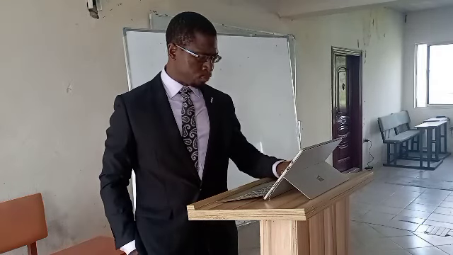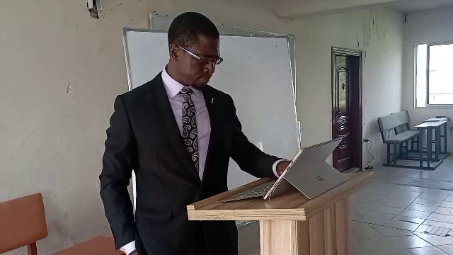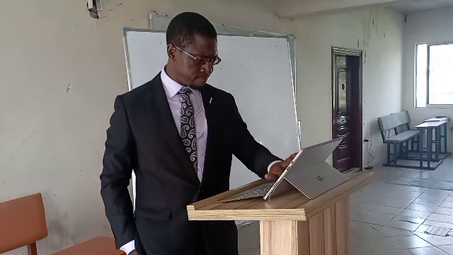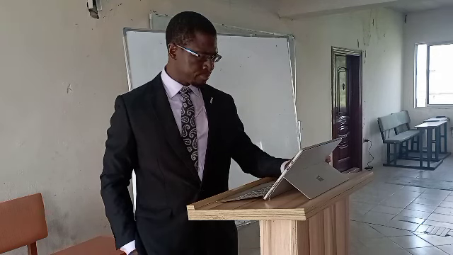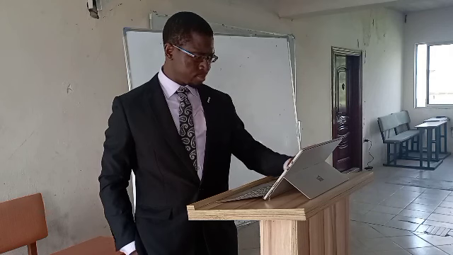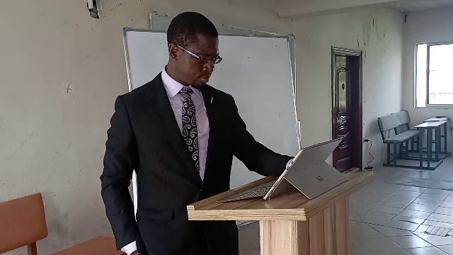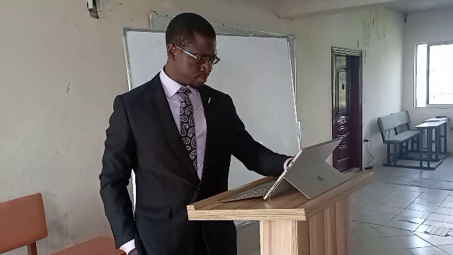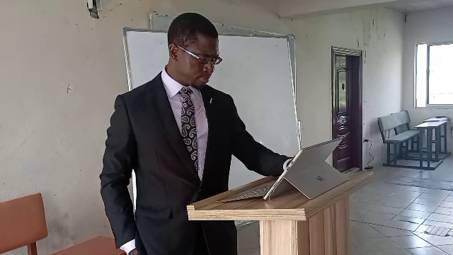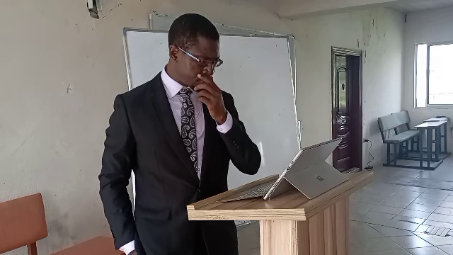Can somebody read 242 for me, please? I want to point out something. The notice of a meeting shall specify the place, date, and time of the meeting. The general nature of the business to be transacted in sufficient detail.